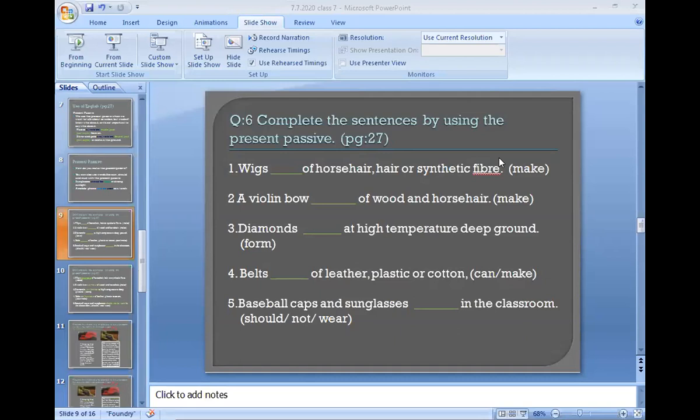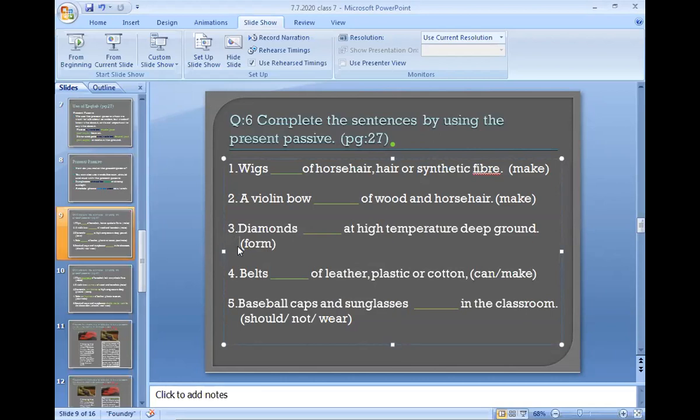Okay, so this is how we are going to complete the sentence. Second one: a violin bow dash of wood and horsehair, make. Now this is a single thing. Is made. Good. Is made of wood and horsehair. The third one, diamonds.